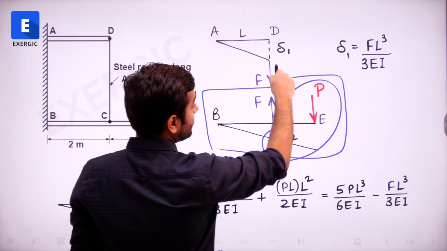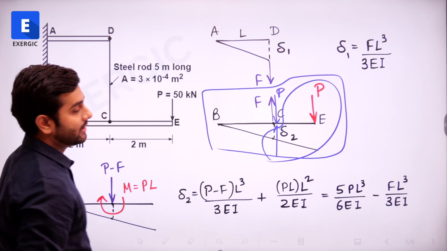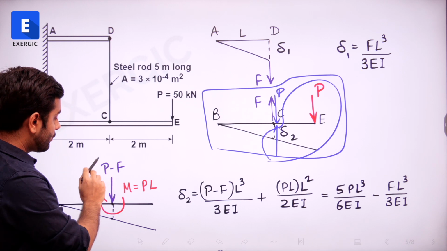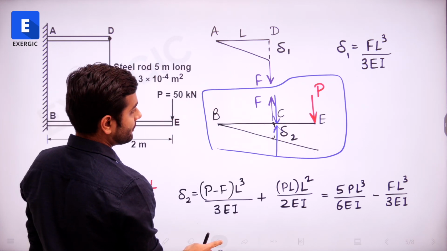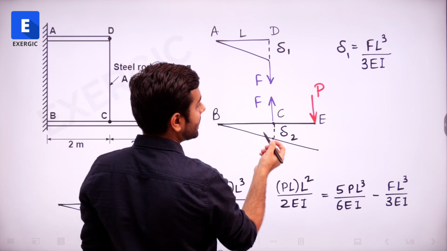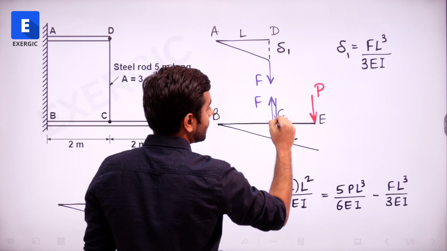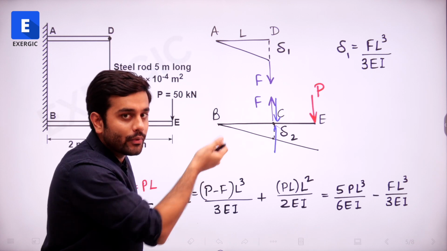Since here P will be acting in the downward direction and F is acting in the upward direction, I can replace them by a single force in the downward direction, P minus F, because F is acting in the upward direction. If I shift the P here to point C, how do I shift it? Like this and like this. These two are going to form a clockwise moment.